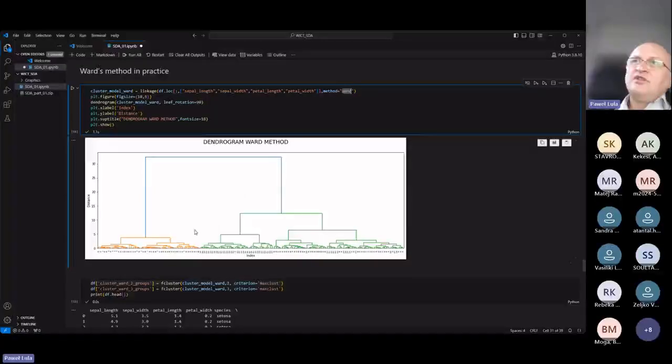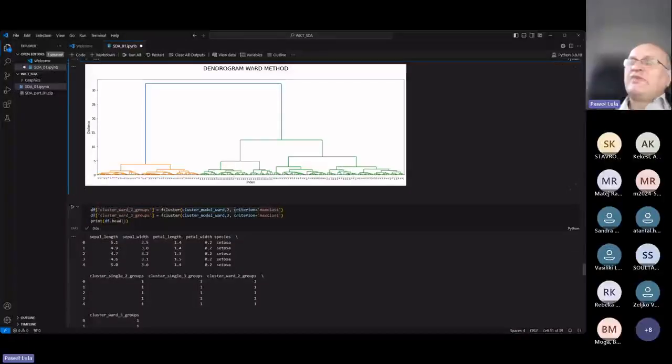Also, we see that here we have one cluster, and this part we can interpret as the second cluster, but also it is possible, I think, to interpret these objects as objects belonging to two clusters, because we see that it is possible to draw this horizontal line here and to create three clusters.